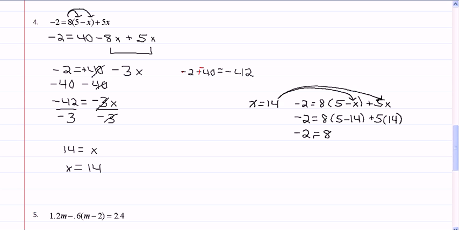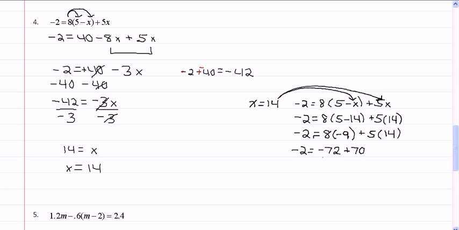So 5 minus 14 is negative 9. So I have negative 2 equals, now I multiply, 8 times negative 9 is negative 72, plus 5 times 14 is 70.